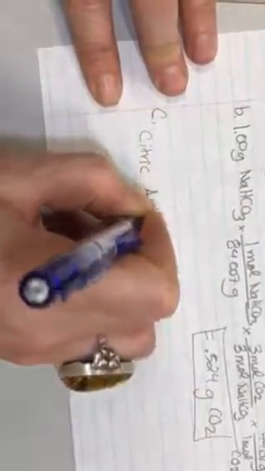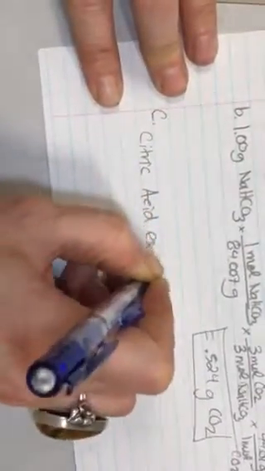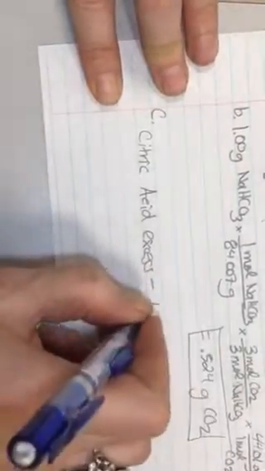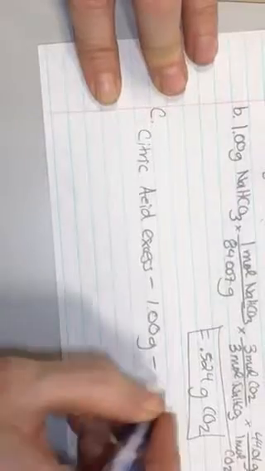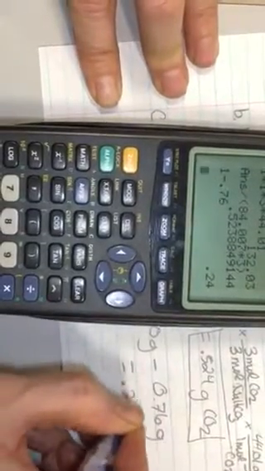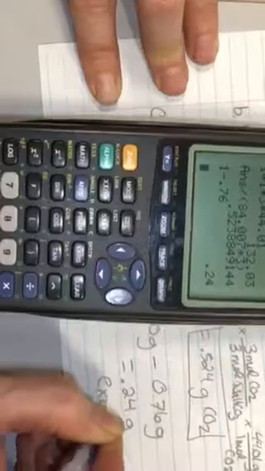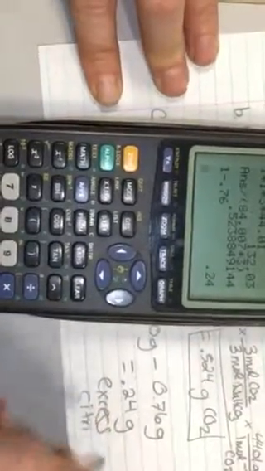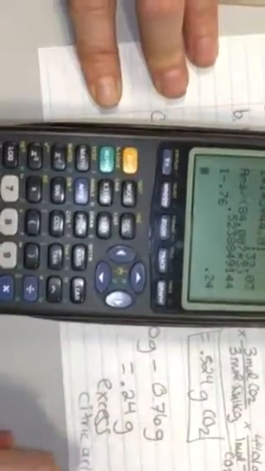So this citric acid is the excess. If you have 1 gram to start out with, excuse the bell, I can subtract that 0.76 grams. 1 minus 0.76 will equal 0.24 grams excess citric acid.